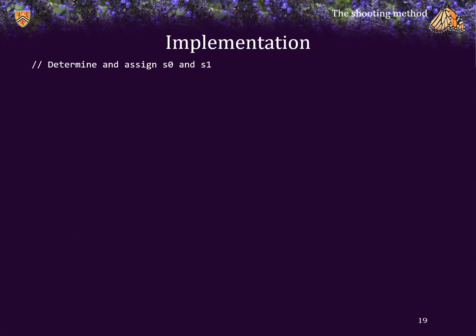What does this look like as an iteration? Well, let's just look at this. We determine and assign the two initial slopes s0 and s1. We're then going to have a loop that iterates at most max iteration times.